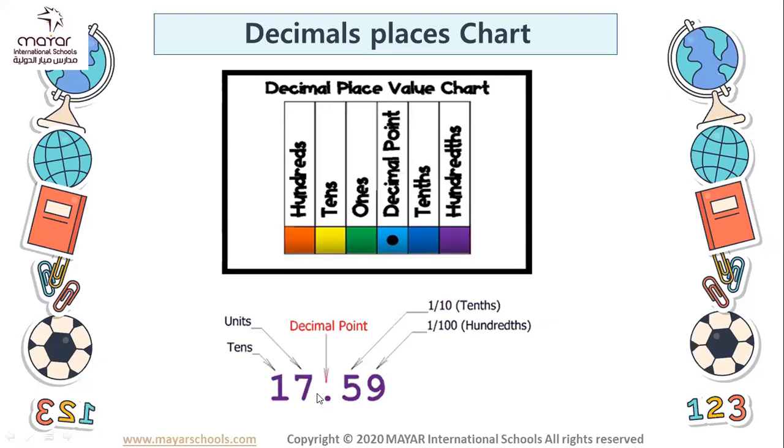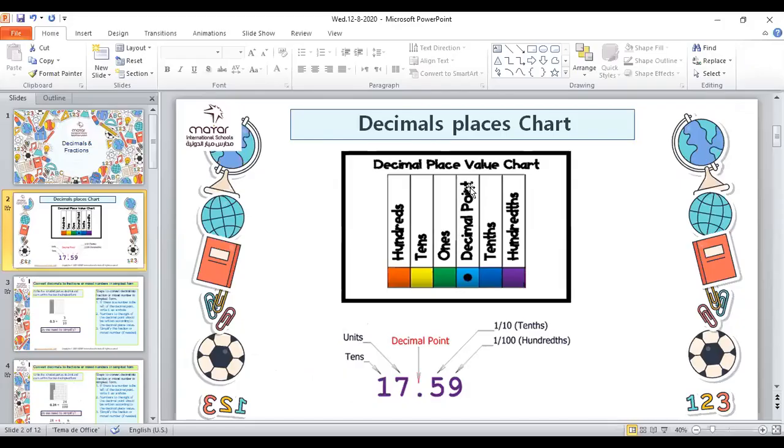So then, there's 17 and 59. Now 59, which word do we say? Hundredths. Hundredths, yes. Okay, so 17 and 59 hundredths. Just a minute.